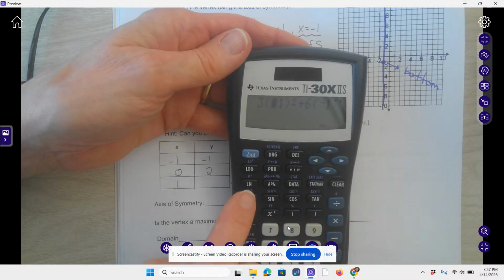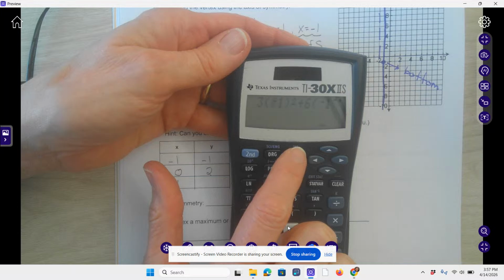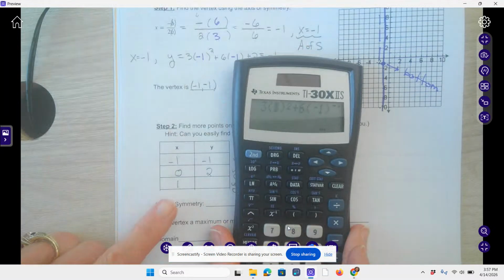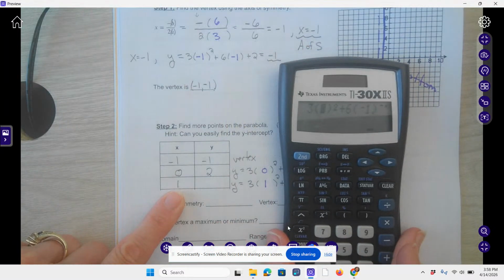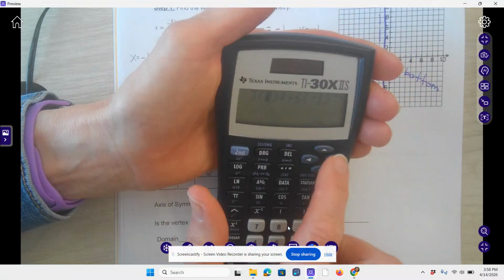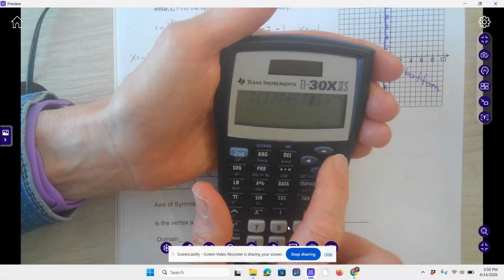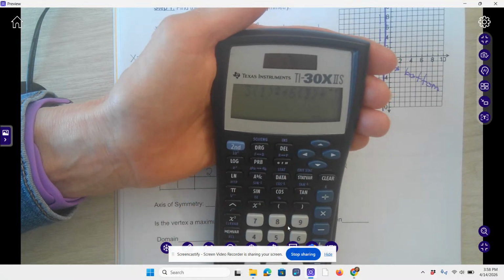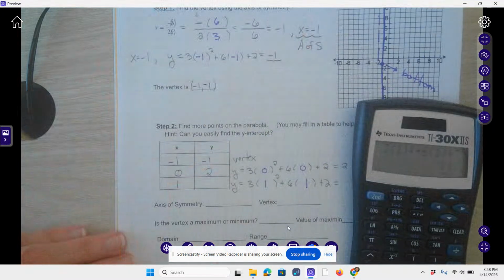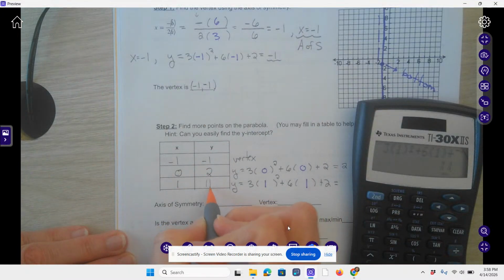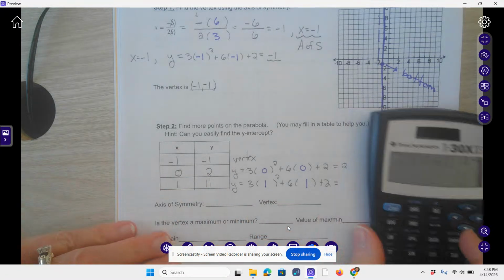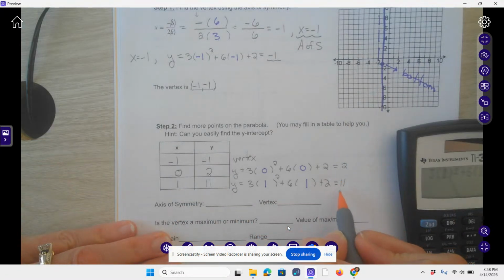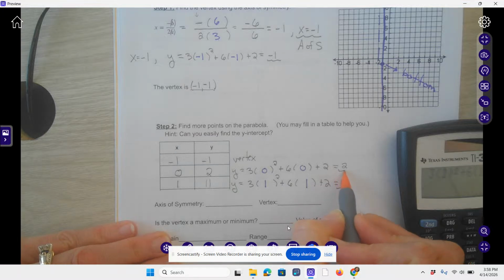Now that negative I don't want, so I'm just going to delete that. And what I'm substituting in is 1. So where I had a -1, when I get to that negative, I hit delete. And then I can just hit enter. And I get 11. So when x is 1, y is 11.